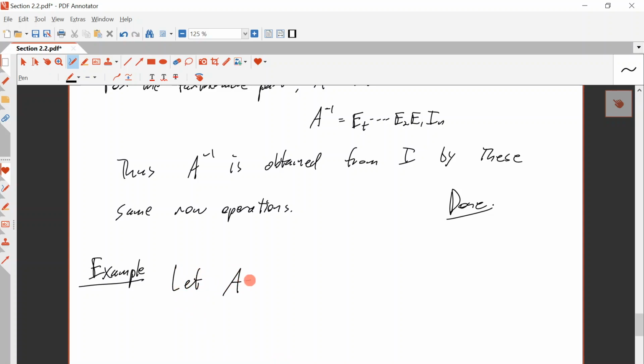Let A equal the matrix with rows 1, 0, negative 1/6; 2, 1, 0; and 0, minus 3, 1. Find A inverse if it exists.